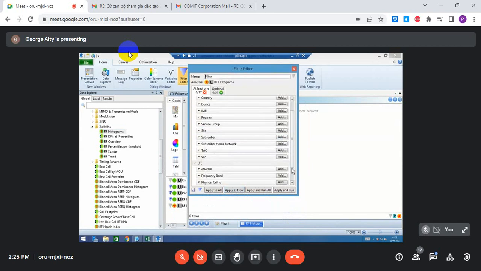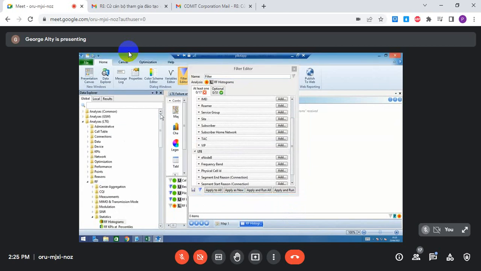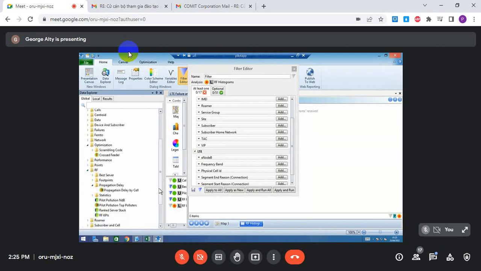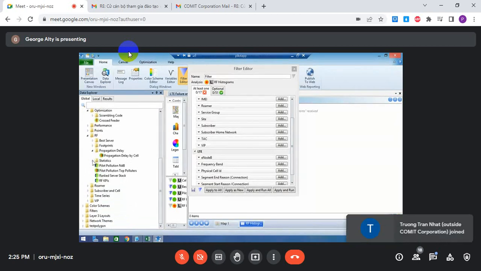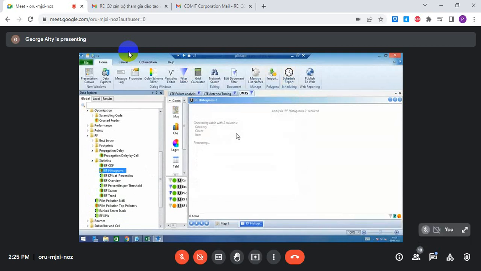I've still got that cell here. Oh, sorry, my apologies. That's something else you have to be careful of as well: you're running the analysis in the wrong folder. Okay, statistics. Close this one down. Let's have a look at the RF histograms.